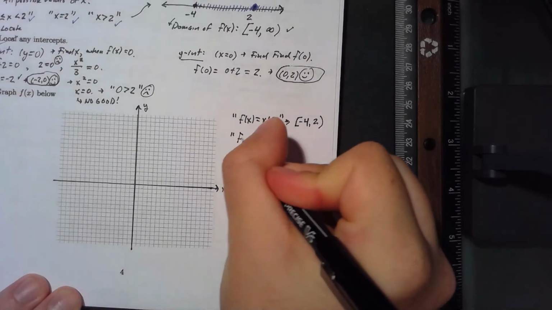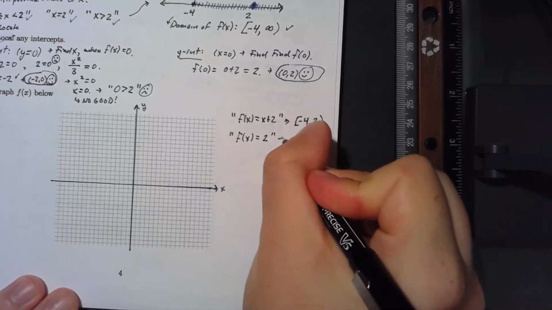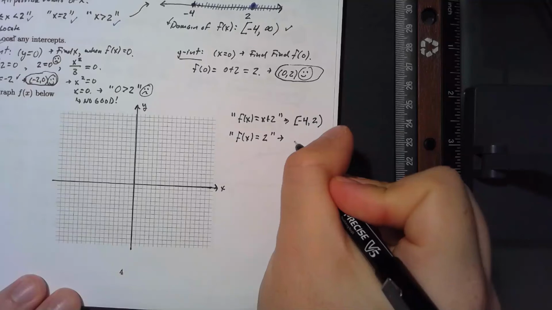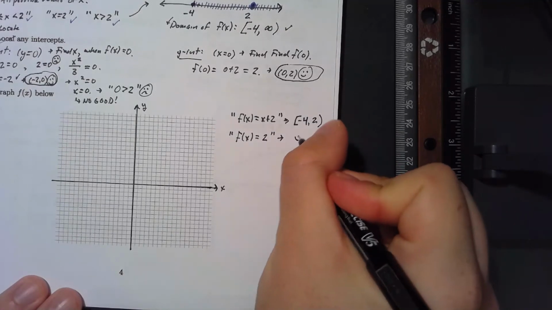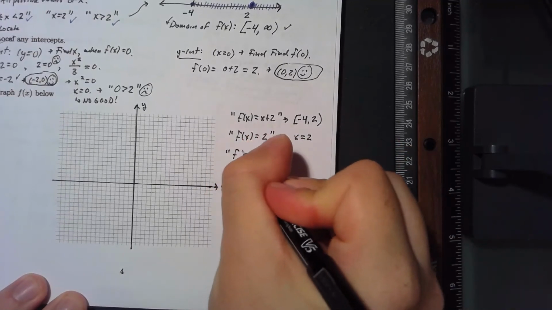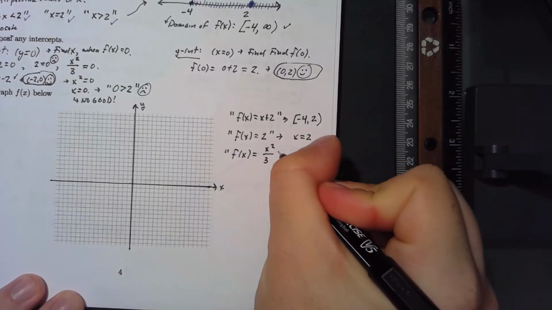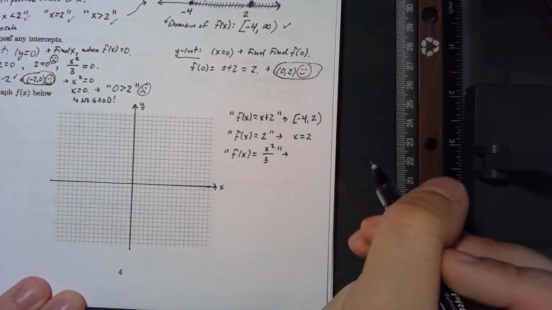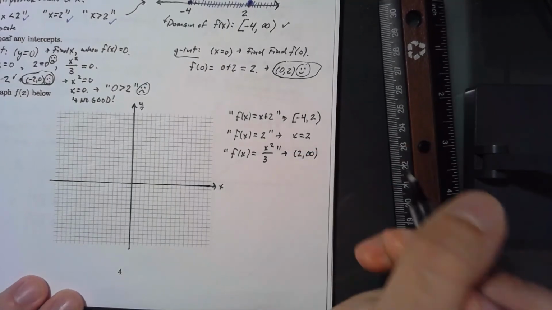My function equals the value 2 when x equals 2, and my function equals x squared over 3 when x is greater than 2.